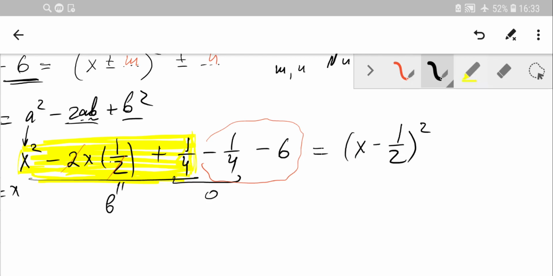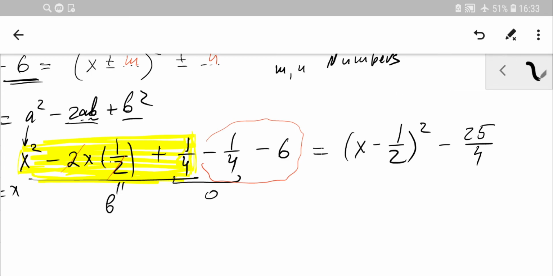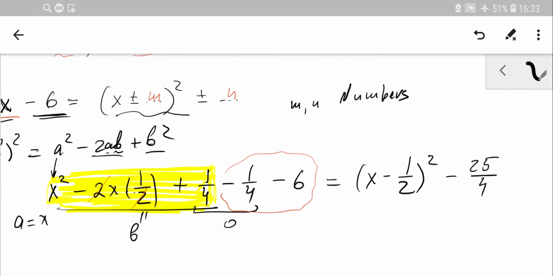That's the complete square. And the rest part will give me -1/4 and -6, which, if I turn it into one single fraction, I'll get -25/4.